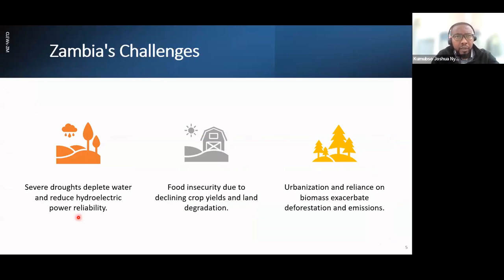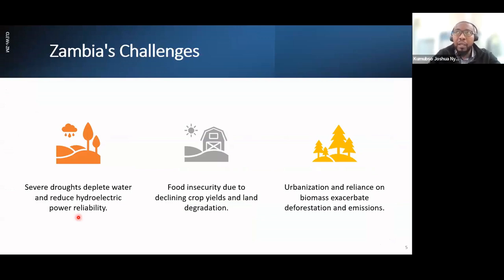At present, Zambia has been hit by droughts due to the El Nino effect. Currently, for most of this year, on average, 15 hours of load shedding have been faced daily. Imagine how that impacts everything in terms of livelihood.